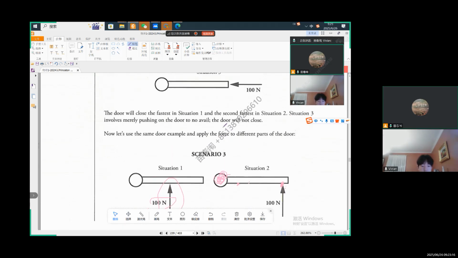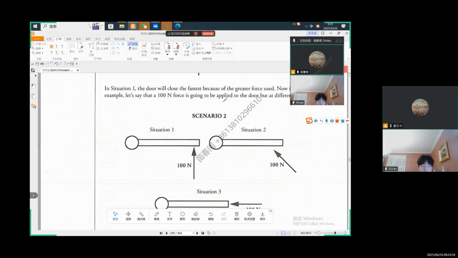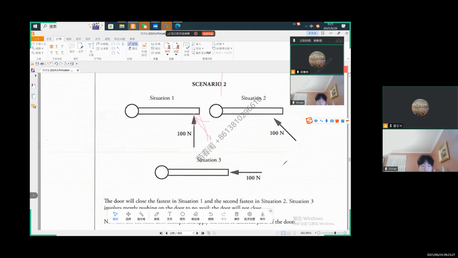And if we do more about this, for example, if it is still the same location, what if I have different directions? This is 100 Newton, and here, all 100 Newton. All the same location, the end of the door. You can imagine, let's say this, the extreme one. Can this one open the door? No, you can't, right?